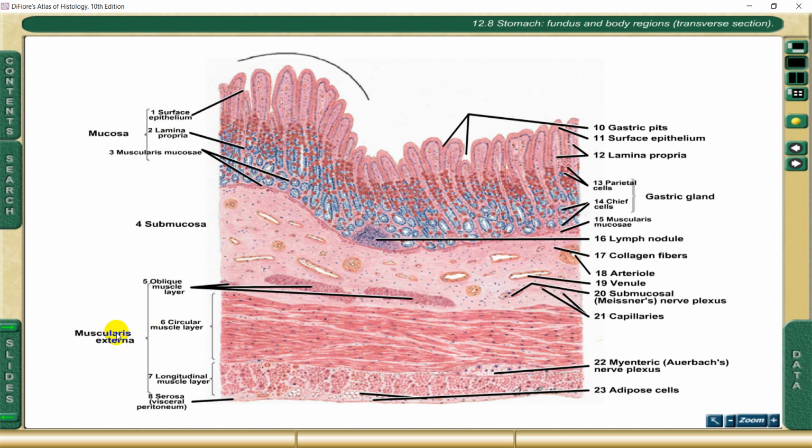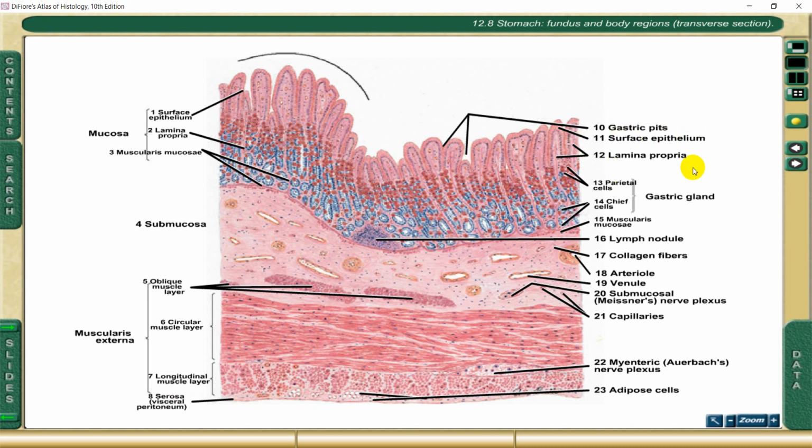Submucosa, muscularis externa with the oblique, circular, longitudinal, visceral serosa, which is the peritoneal, meaning the mesothelium, which is simple squamous epithelia with connective tissue. Gastric pit.